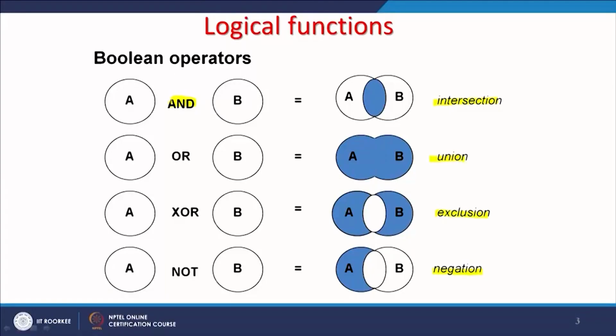Still, fundamentally it remains the same: when we do A intersection B, we use the operator AND, or A union B, we use OR, XOR means exclusion, and NOT is used for negation. We can use a single operator, or multiple operators together, to perform analysis on our maps.